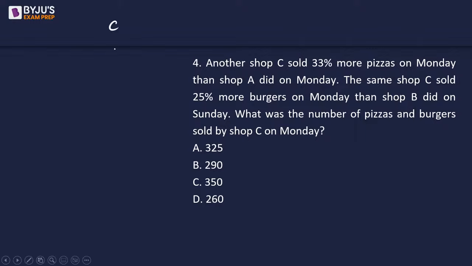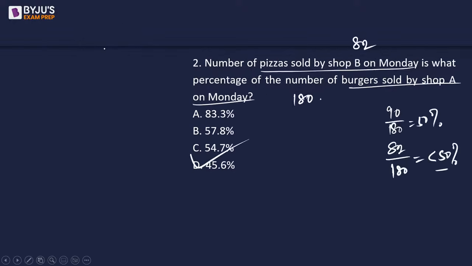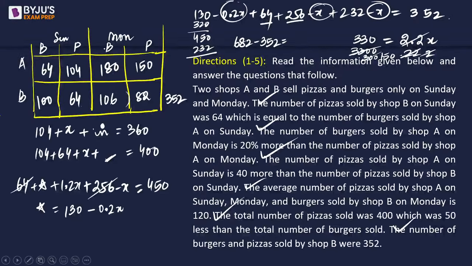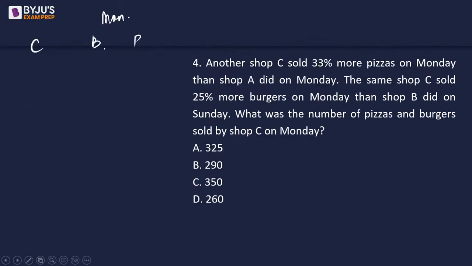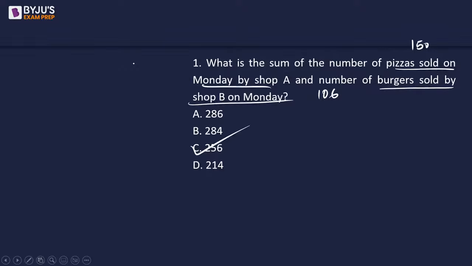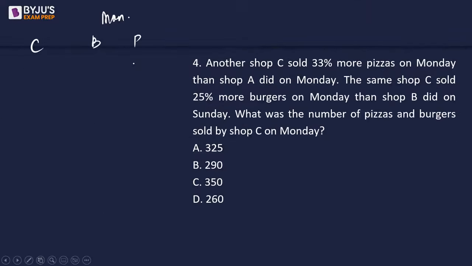So we have shop C, and this is also going to have burgers and pizzas. सॉरी, इसको C रख के इधर Monday कर देते हैं. So let's talk about A on Sunday. 64 and 104 we have, right? So अच्छा Monday का बात कर रहे हैं. 180 and 150. So if you talk about A, this is 180 and 150, right?